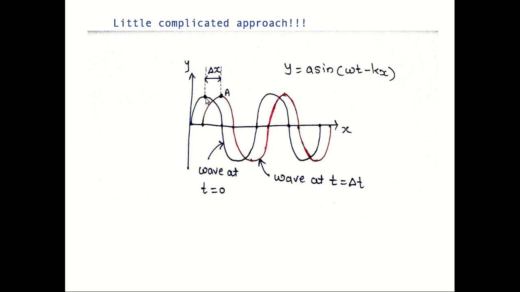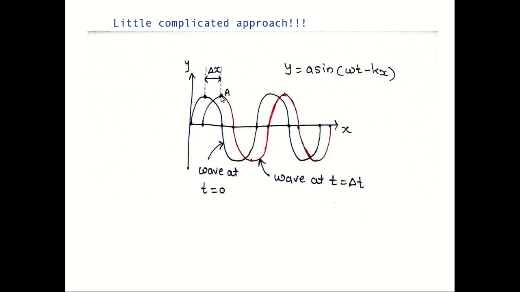Now, if I focus on each and every point of this wave, say, for example, we consider this point A. The point A is found to retain its original y displacement after some time.